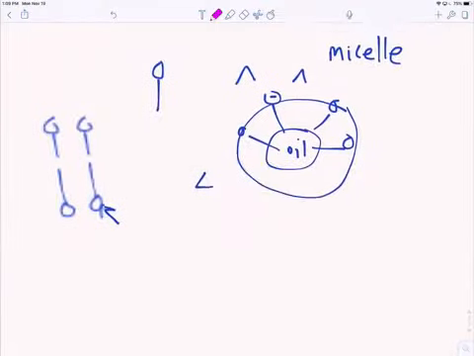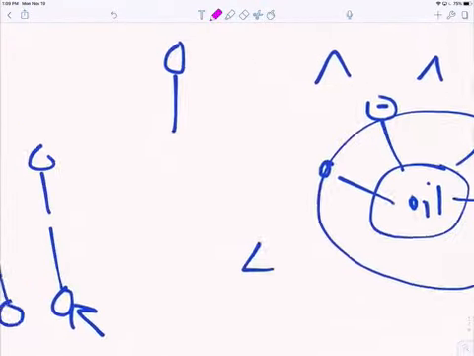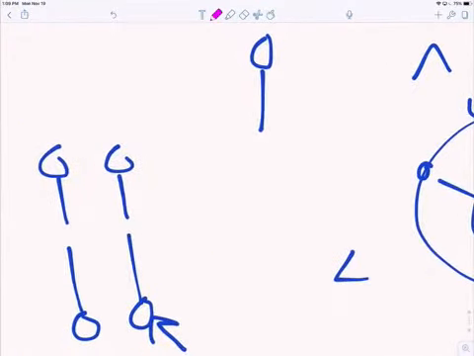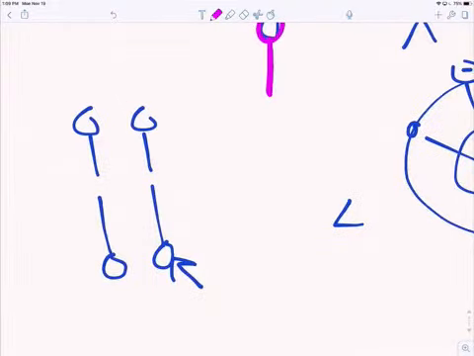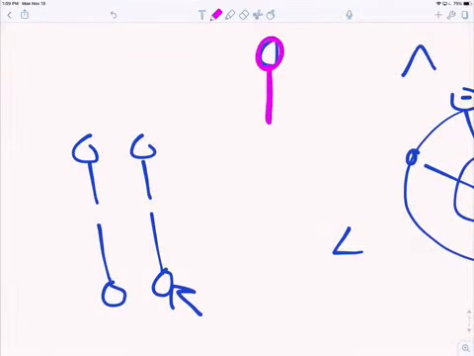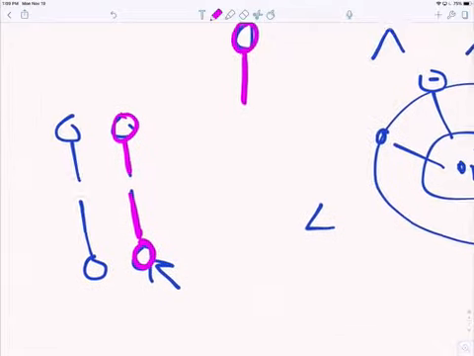And what happens is, like I'm drawing with a head and a tail, that's a single surfactant molecule. And what they end up doing is the tails will preferentially go towards each other, and the heads will point away, because the tails are nonpolar, and they'll mix with nonpolar things, and the heads are polar.